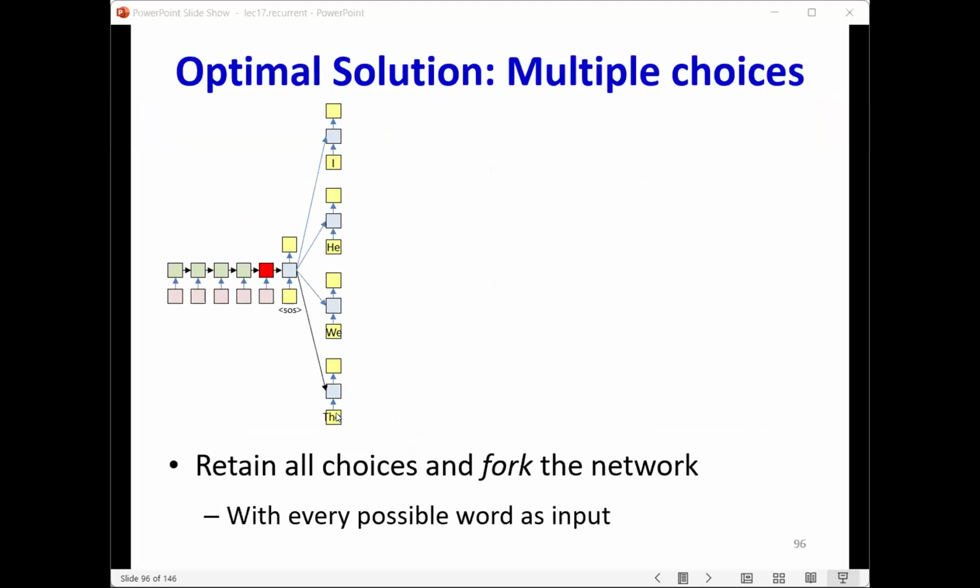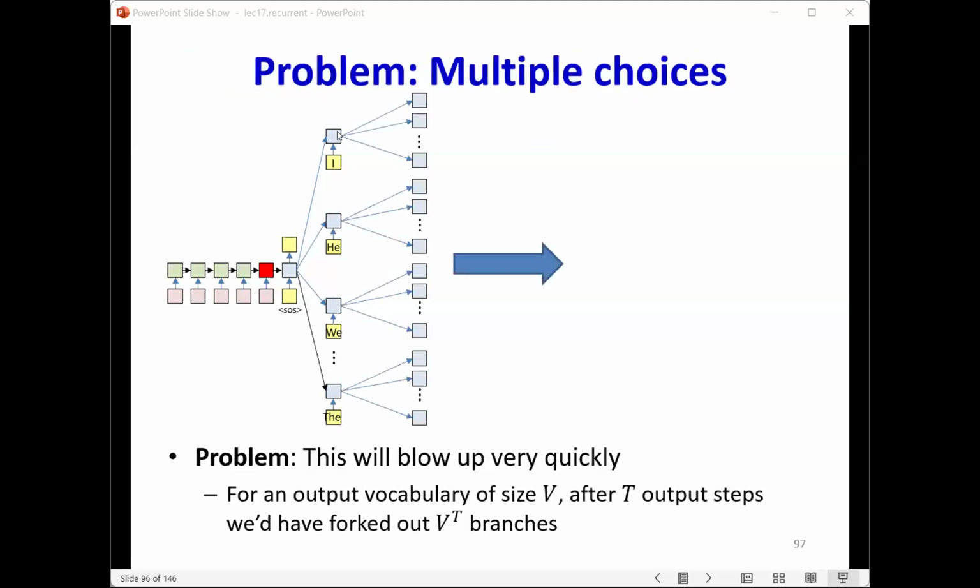Instead of picking a word, we clone this portion of the network and make one copy of it for every possible word. And then out here, once again, you're going to have a probability distribution over all words. So out from here, I'd make one copy of the network for every possible word, and I'd be feeding all of those in.